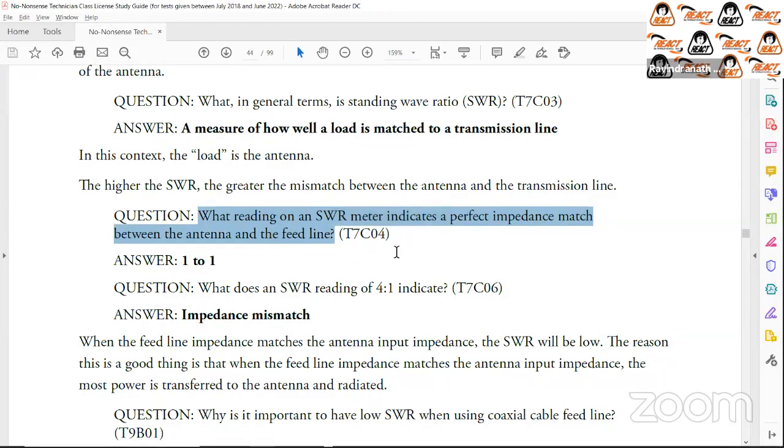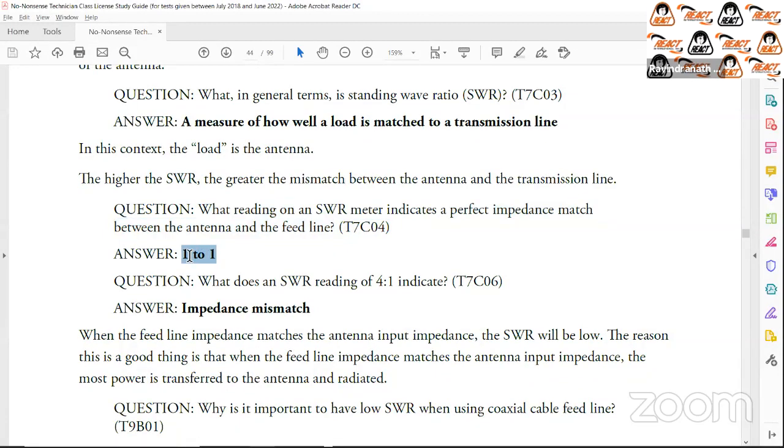Remember that little graph we looked at, where the SWR could be 1-to-1 all the way up? The perfect or ideal SWR is difficult to achieve in practice, maybe for one spot frequency, but certainly otherwise, yes. Okay, Lisa, noted.